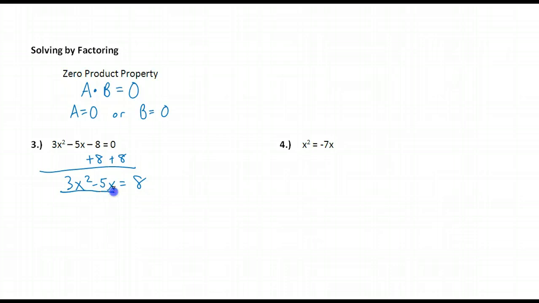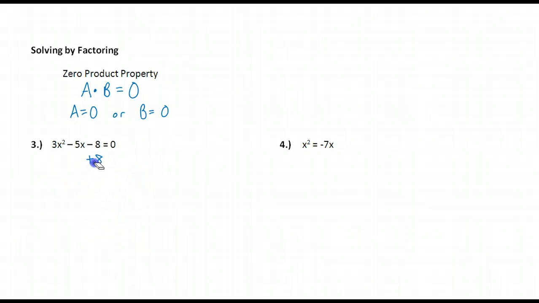So maybe I need to divide by 3. Again, that really doesn't get me anywhere. So I kind of have to go back to square one and look a little bit closer at this problem.